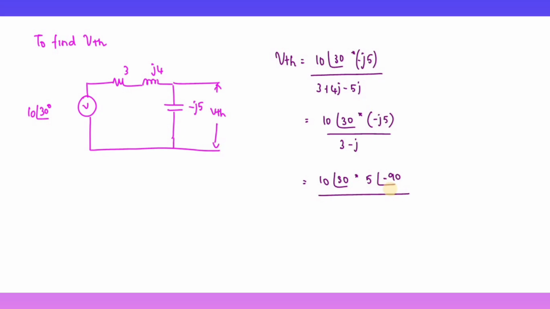And 3 minus j I can write it as 3.16 angle minus 18.43. That is 50 angle 30 minus 90 plus 18.43 divided by 3.16.